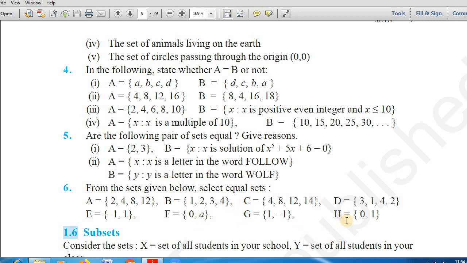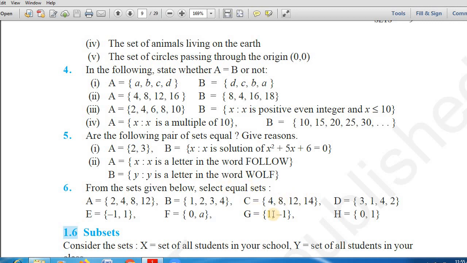The last set, H, consists of 0 and 1, and only 0 and 1 is contained nowhere else.